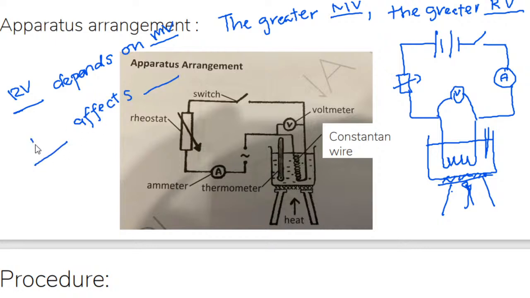So here MV comes first, affects the responding variable. But if you use 'affected by', the responding variable comes first and then MV. So it depends on the sentence that you use.